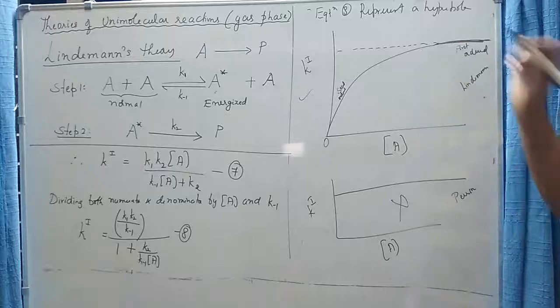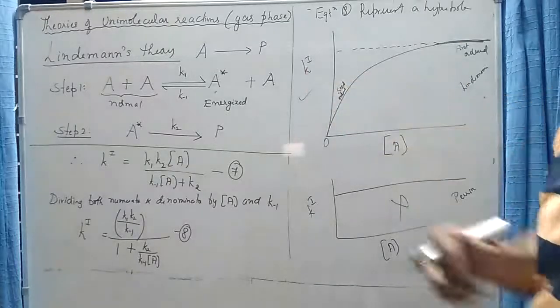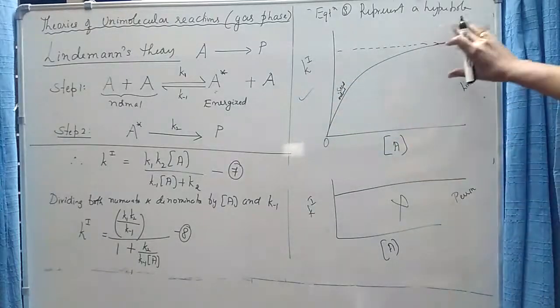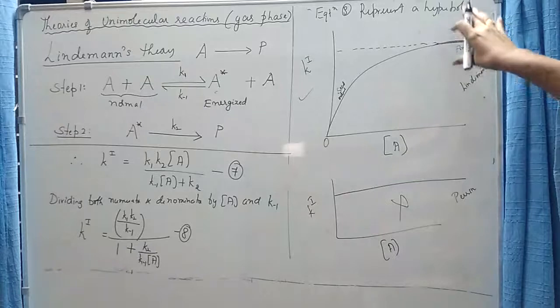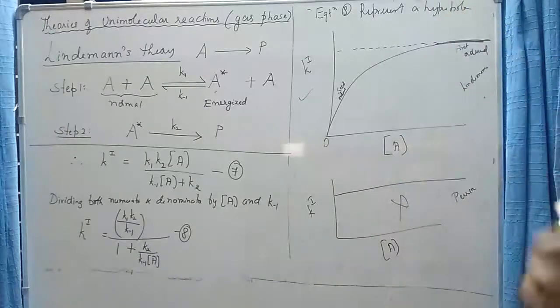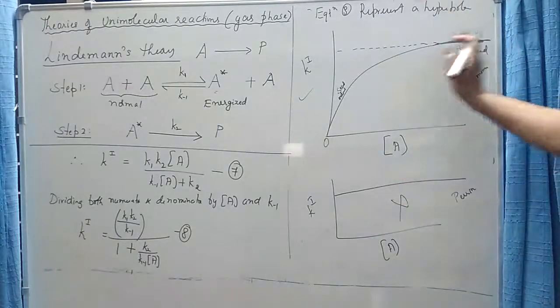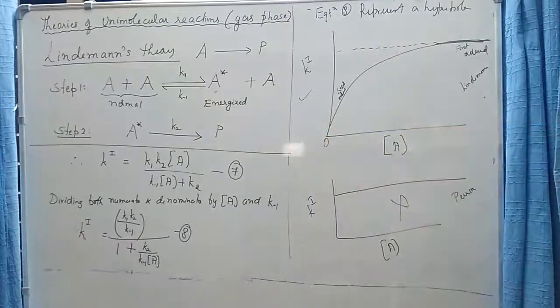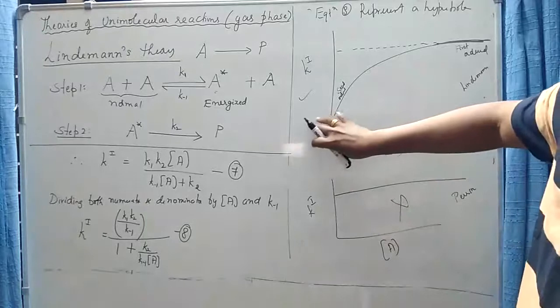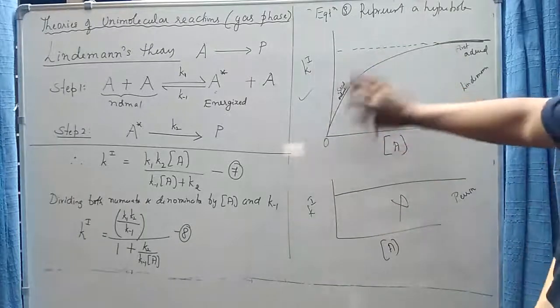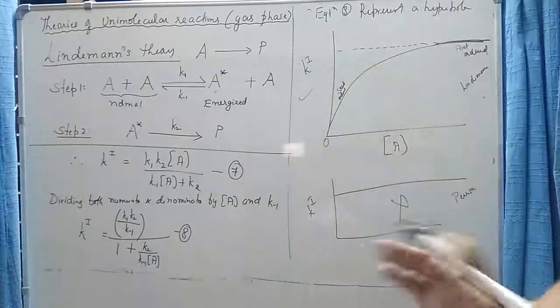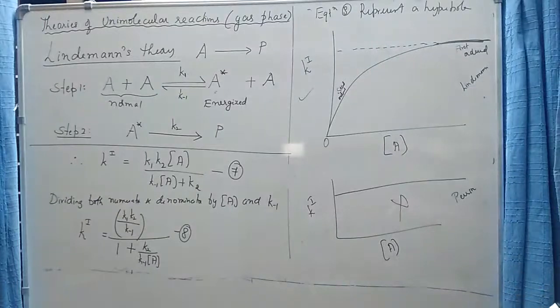So only at higher concentration does K1 have a constant value, and only there does the reaction behave like a first order reaction. At very low concentration it is almost second order, and at intermediate concentration the order is between first and second order.